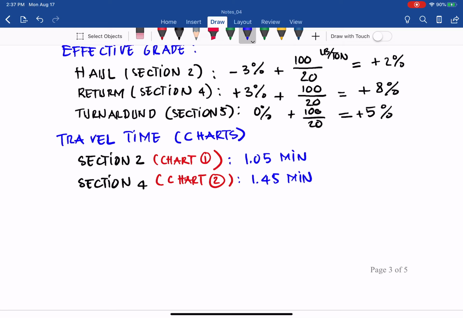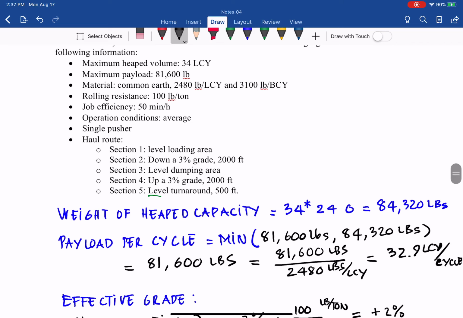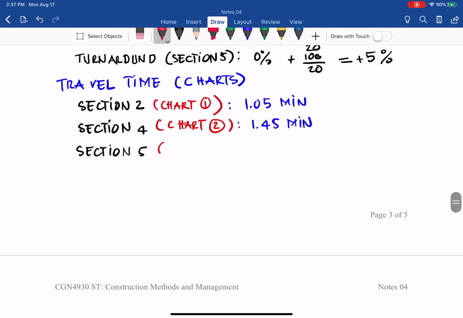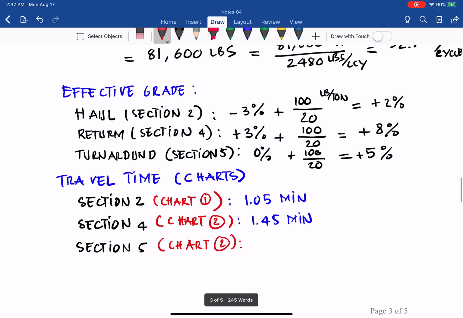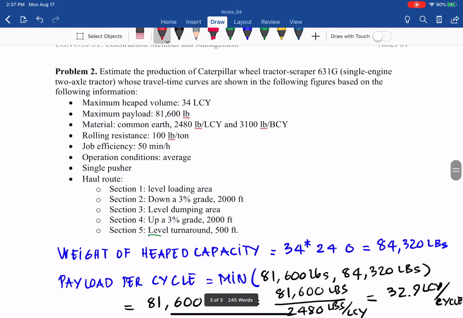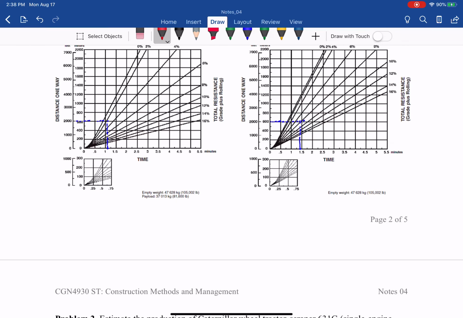And then turnaround, section 5. By now I think you can know what chart we use for turnaround. It is already empty, go back, load again, so it will use chart number 2, because it turns around to get loaded again. The slope is 5%, and the turnaround is 500 feet.